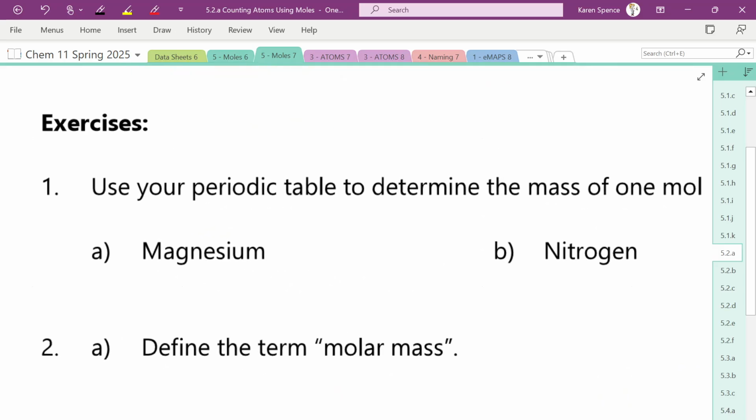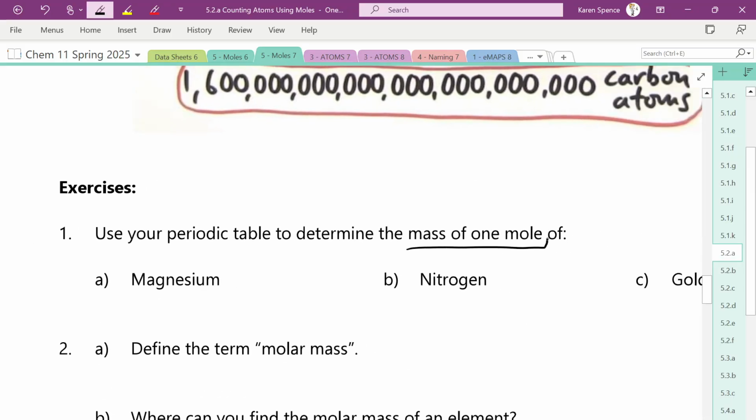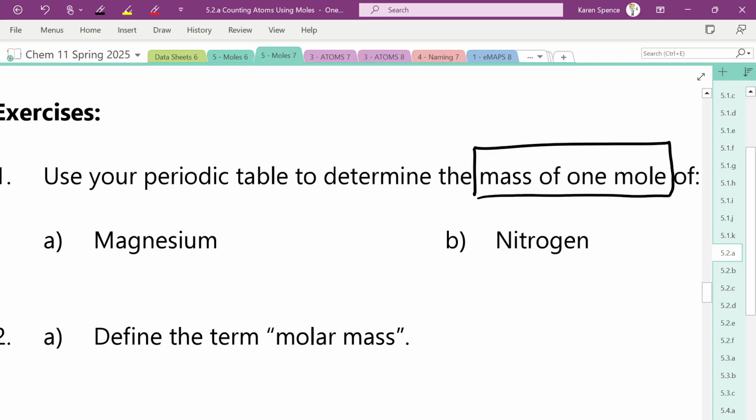Okay, so let us use your periodic table to determine the mass of 1 mole of magnesium. According to your periodic table, what is the mass of 1 mole of magnesium? 24.3 grams. Now, it didn't ask us for the molar mass, it asked us for the mass of 1 mole. I know that sounds like a weird thing, but it's okay.